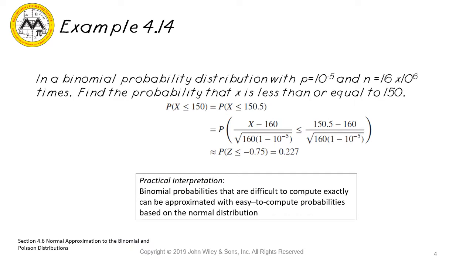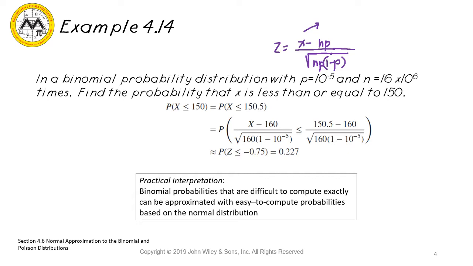Example. In a binomial probability distribution with p equal to 10 raised to negative 5 and n equal to 16 times 10 to the 6, find the probability that X is less than or equal to 150. Z is equal to X minus np over the square root of np times (1 minus p), and then there is a correction for x.